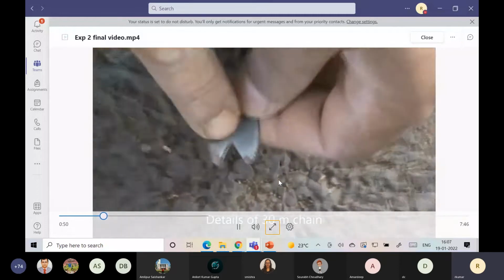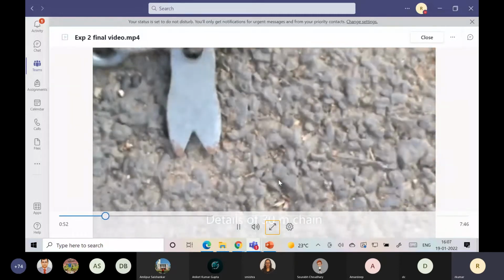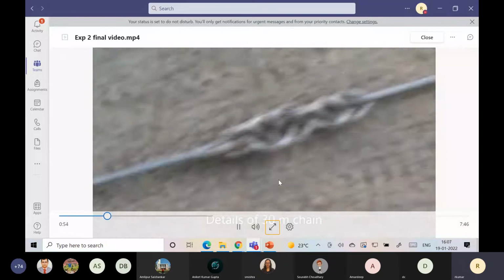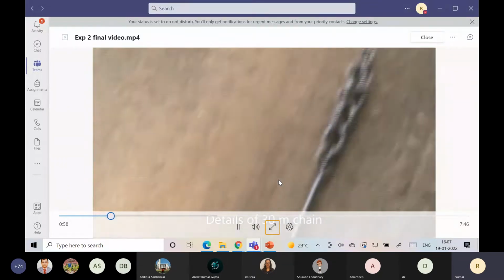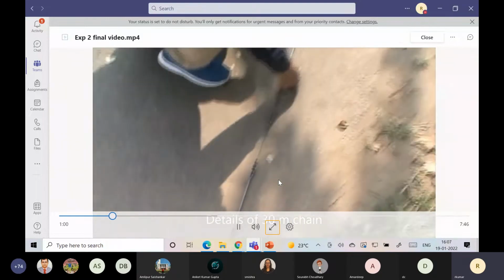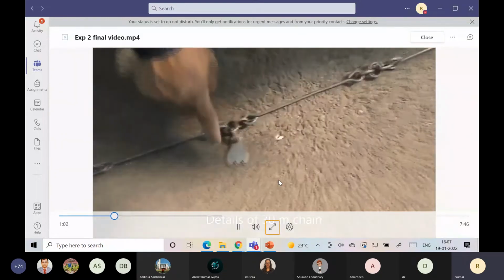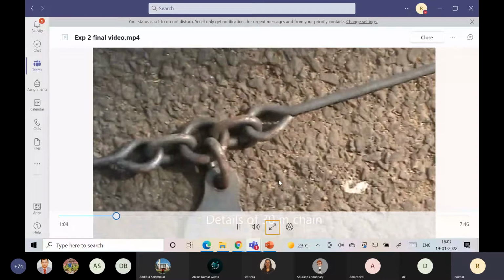This 2 number of notch means 10 meter. This is 15 meter, right?